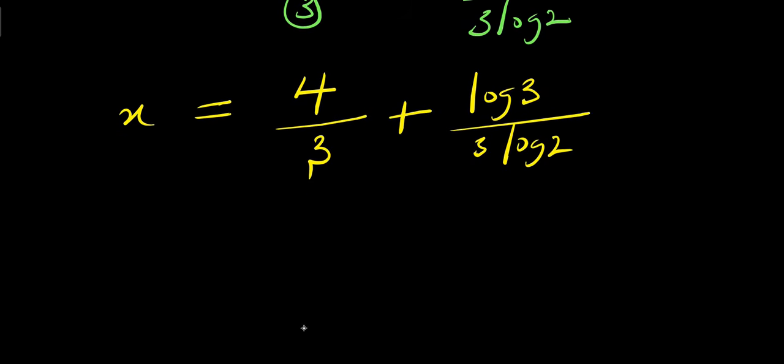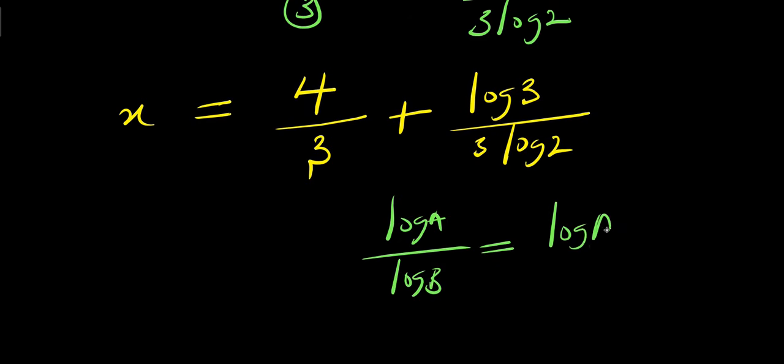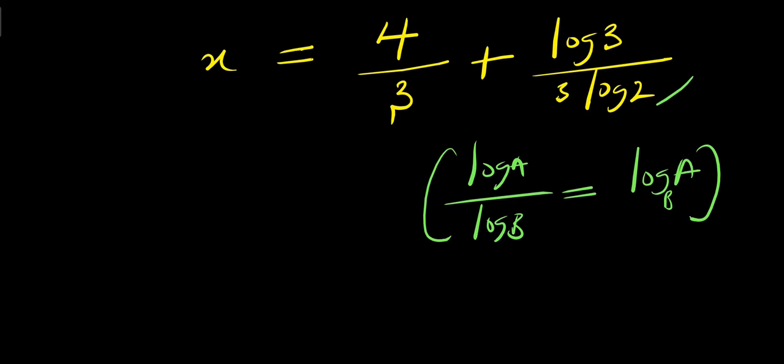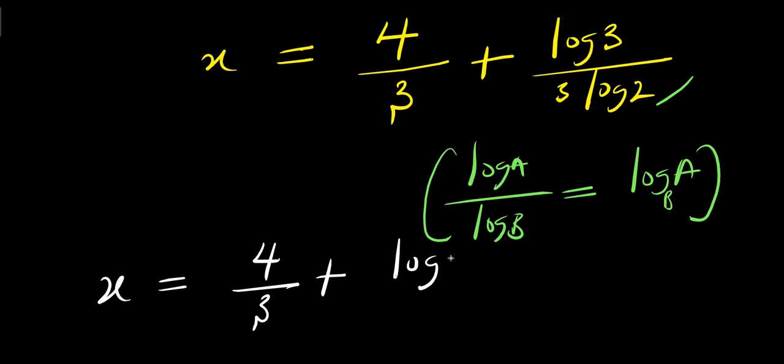So we can apply this other identity. If you have log A divided by log B, this equals log A to the base of B. Applying that here, we have x equals 4 divided by 3 plus log 3 to the base of 2, and this is divided by 3 because there is 3 here.